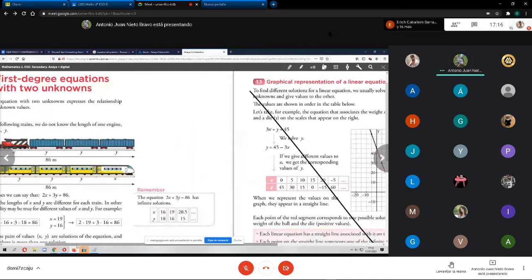An equation is an equality between two members, the member on the left and the member on the right. So when we have that equality, we have an equation. Solving an equation is to find out the value of x that makes this equality true. An equation has an unknown. This equation, for example, has the unknown x.